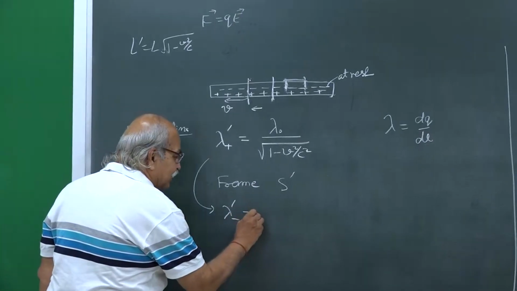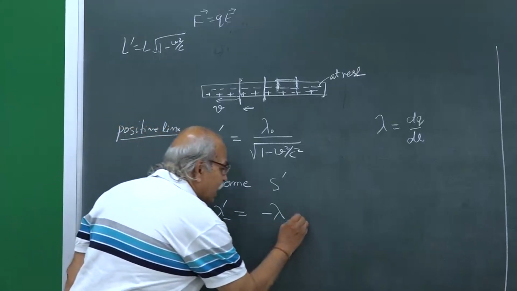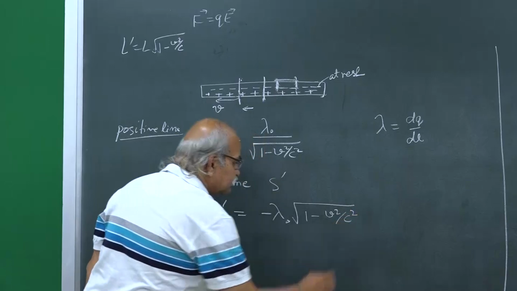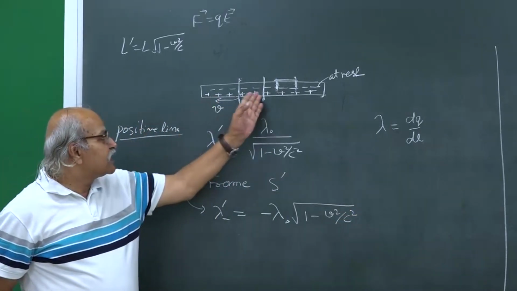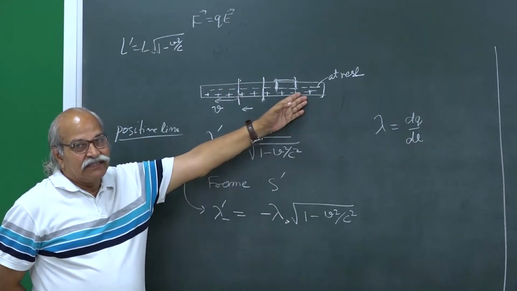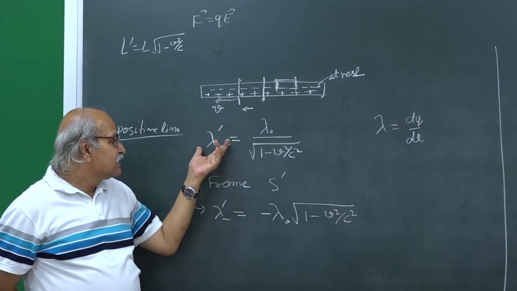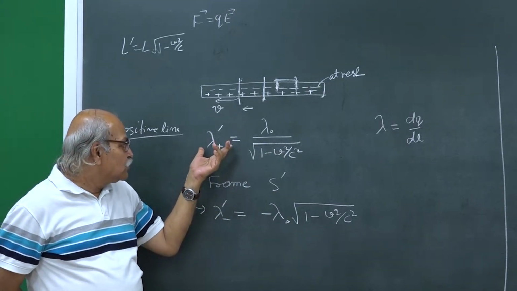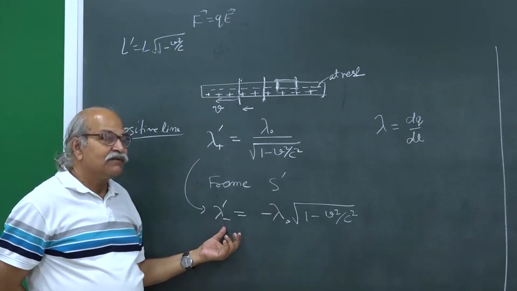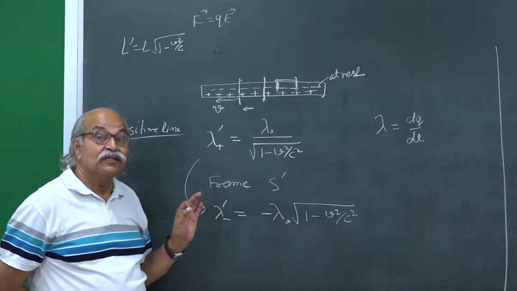So, this has to be minus lambda naught times square root of 1 minus v square by c square. So, you have positive charges in the wire, you have negative charges in the wire, but the linear charge density for the positive line is not the same as the linear charge density for the negative line, and therefore, the net charge density is not 0.